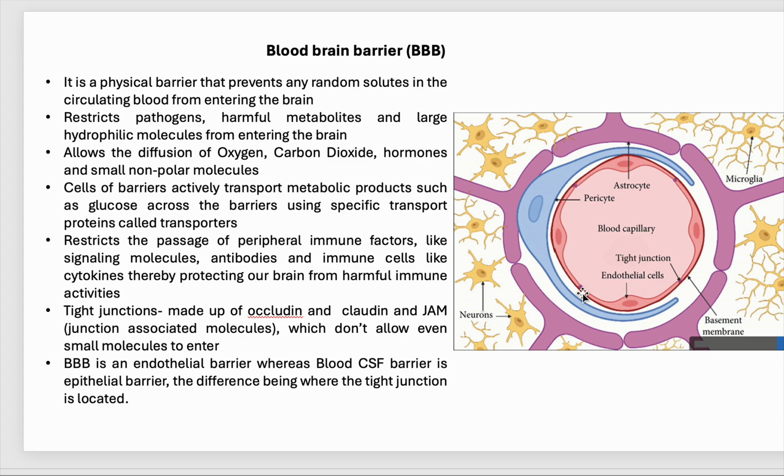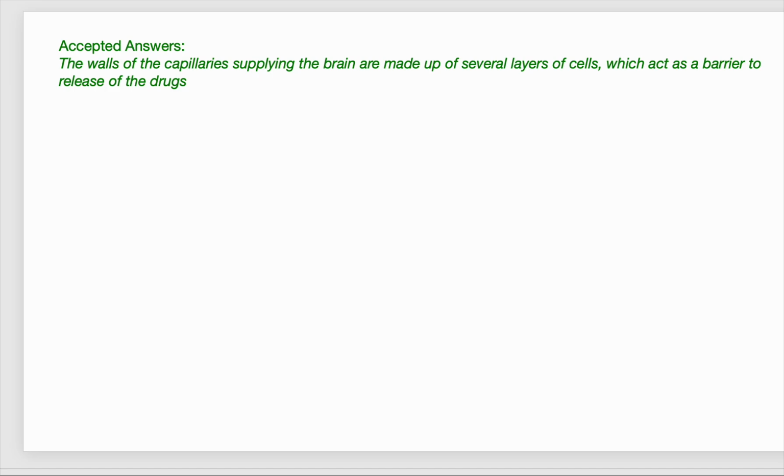The function there is the same. Blood brain barrier protects our brain, and blood CSF barrier protects our cerebral fluid. So the correct answer for that question is the walls of capillaries supplying the brain are made up of several cell layers which act as barrier for release of drugs.